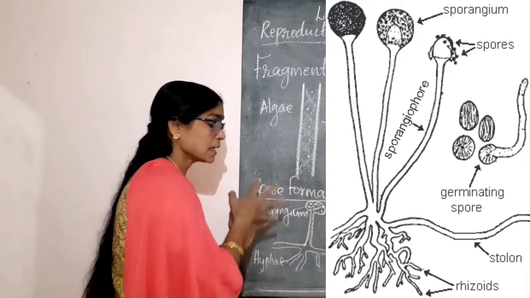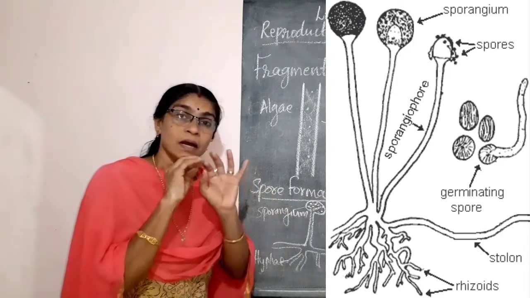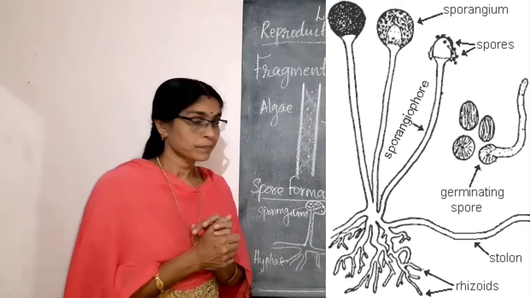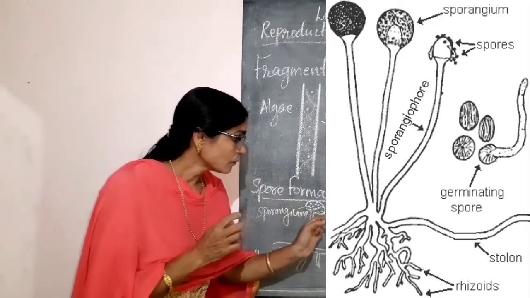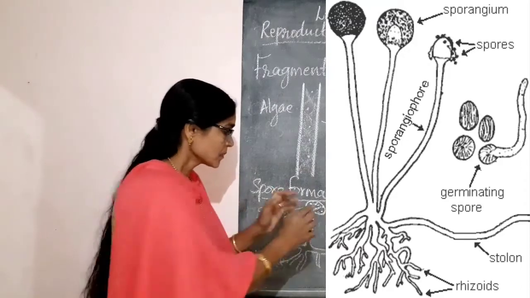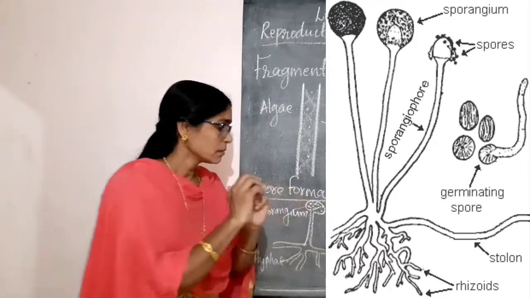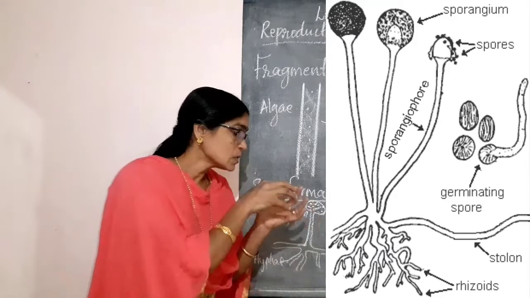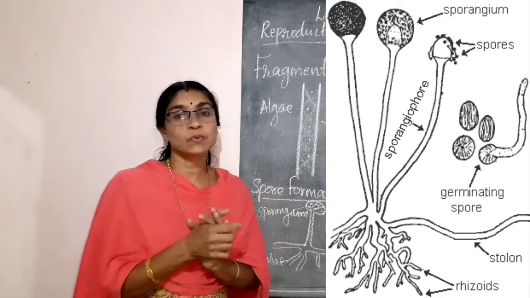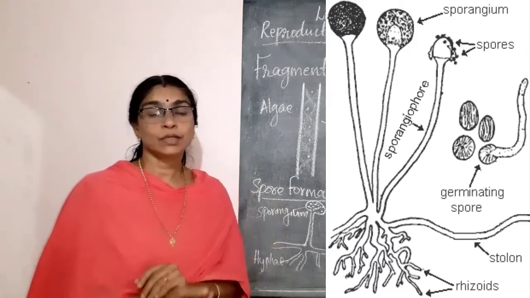During unfavorable conditions, the spores stay inside that hard covering. At the start of favorable conditions, this hard covering breaks and the spores come out. After the germination of spores, we will get a new individual.